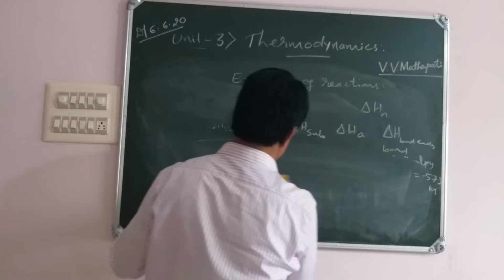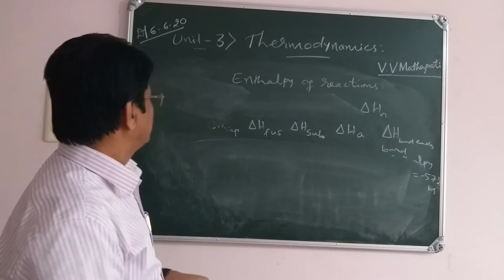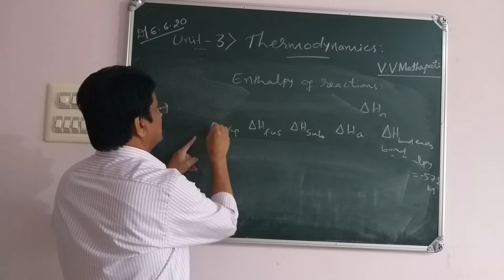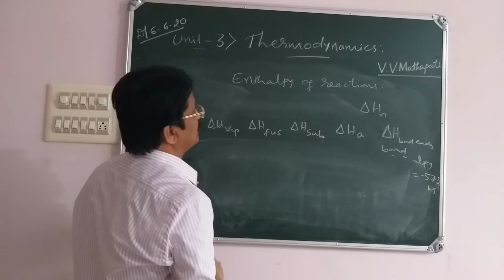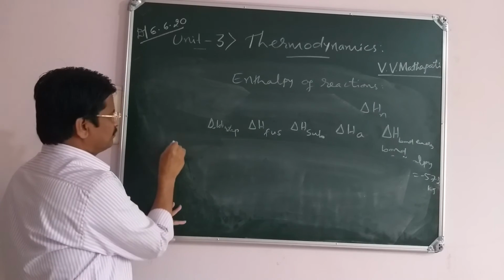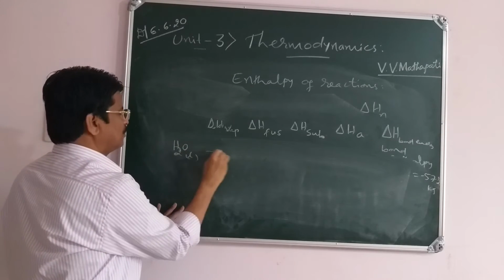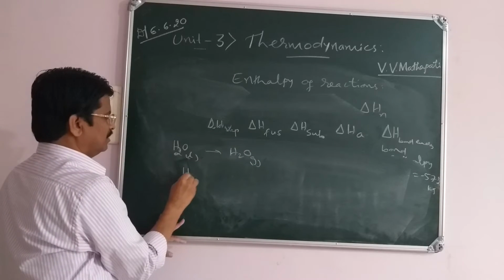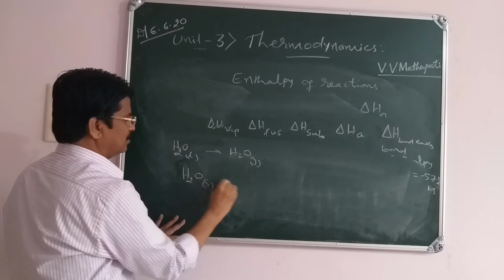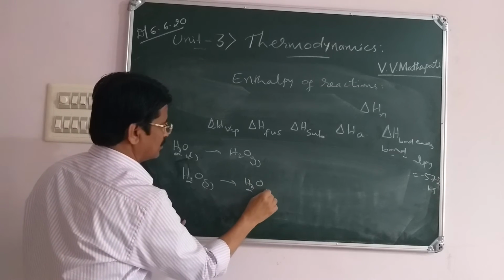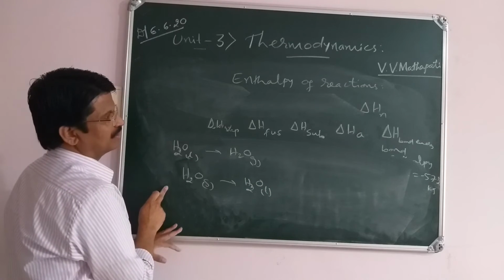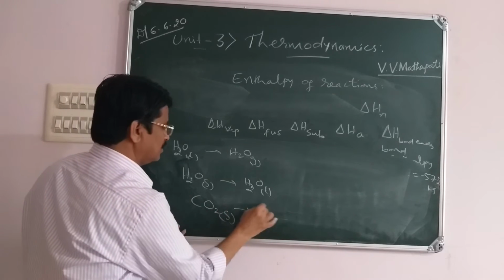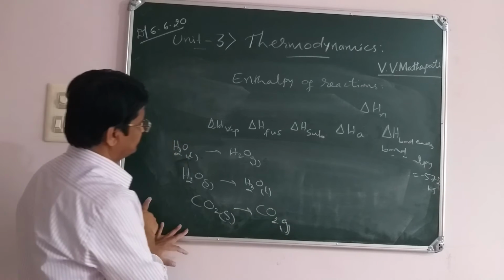Then, in the case of sublimation, fusion, delta H vaporization, fusion, etc. In vaporization, H2O liquid to H2O gas. Fusion, H2O solid to H2O liquid. Sublimation, CO2 solid to CO2 gas.